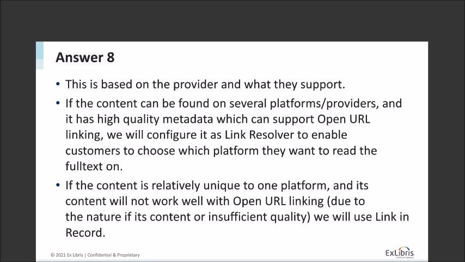And also with the content which is classic, as I said before, sometimes the quality is insufficient. So in these cases, and when we see that the content is relatively unique to the platform that provides it, we will use link in record. So the link will be reliable, coming from the record, but will be only one.